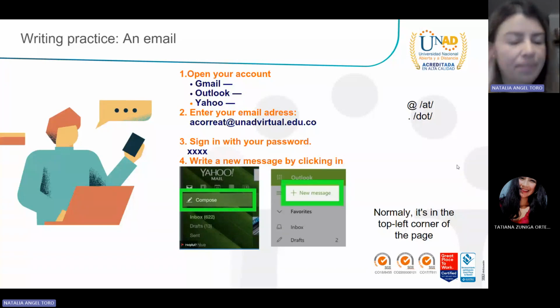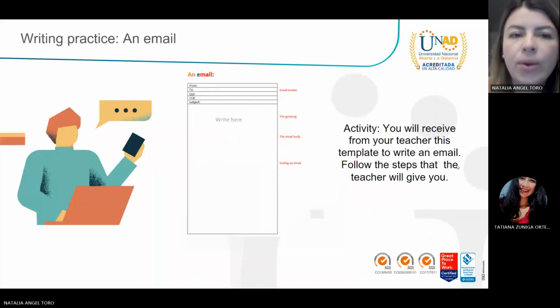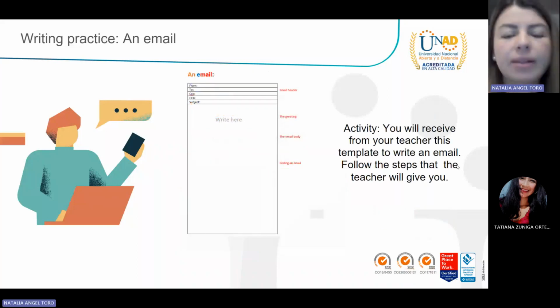So, believe me, this is a useful tip if you want to take notes or a picture or a screenshot, para tenerlo en cuenta, to have an account and to start to use it, because it will be useful to give your personal information using that kind of device, at and dot.